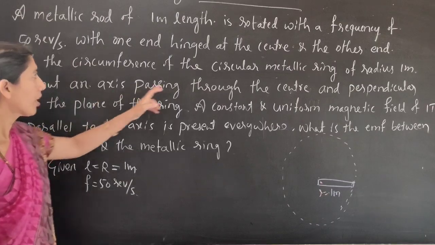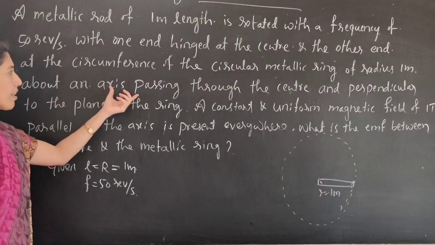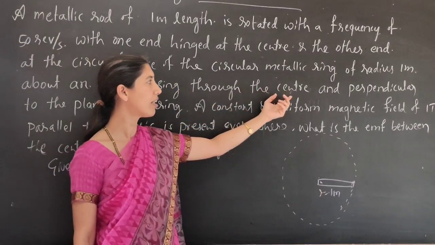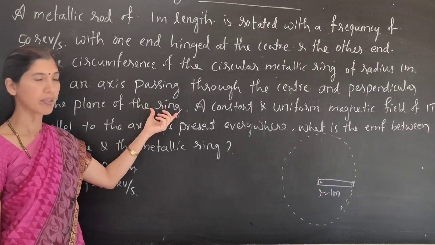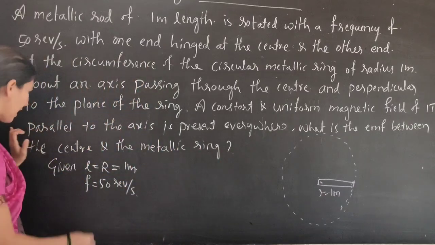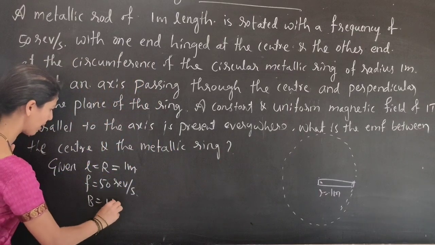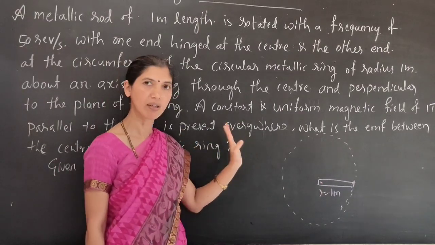Then a metallic ring of radius 1 meter, about an axis passing through the center and perpendicular to the plane of the ring, and a constant and uniform magnetic field of 1 Tesla, that means B is 1 Tesla, parallel to the axis, is present everywhere.